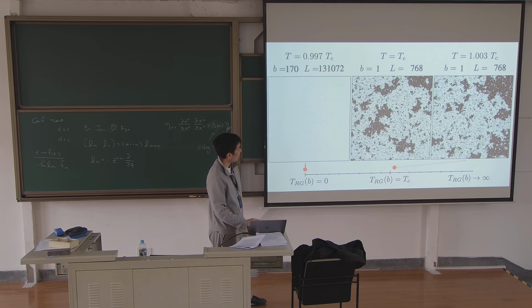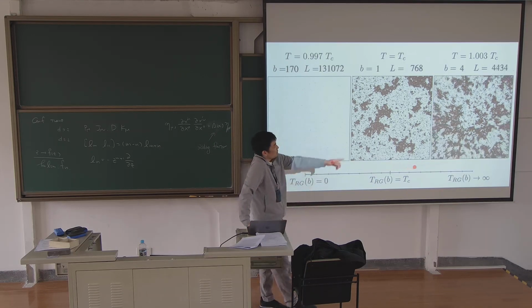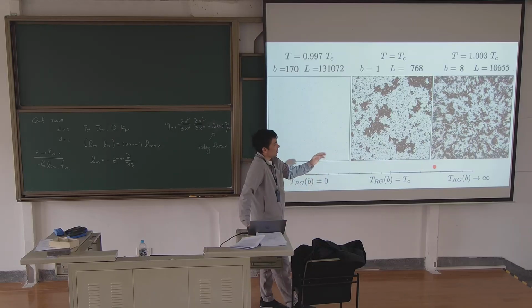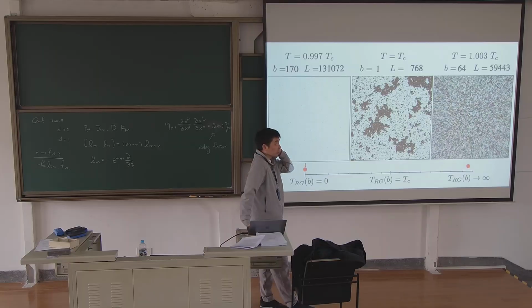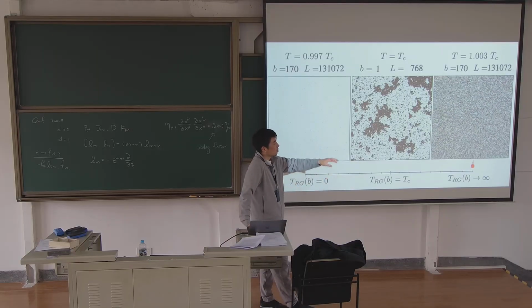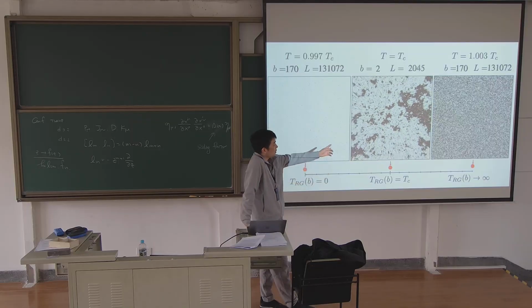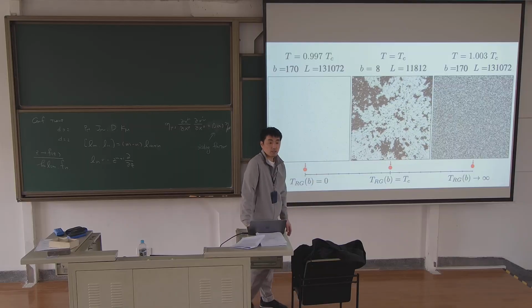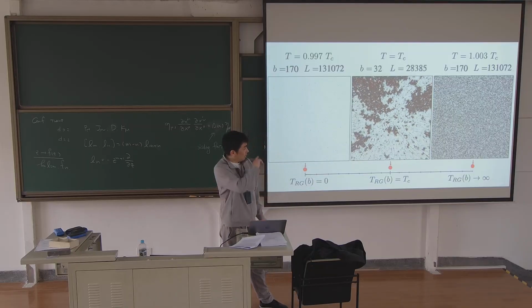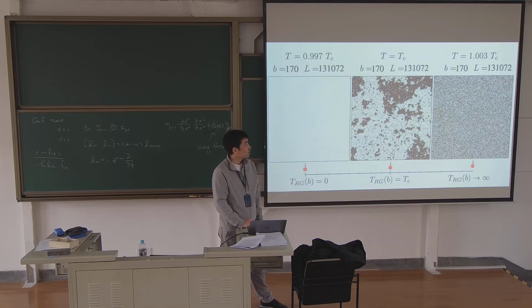Everything becomes aligned. Here, if you zoom out, everything becomes more random, so the magnetization is 0. Black dots and white dots become the same number. But at the Curie temperature, even if you zoom out, the pattern does not change.